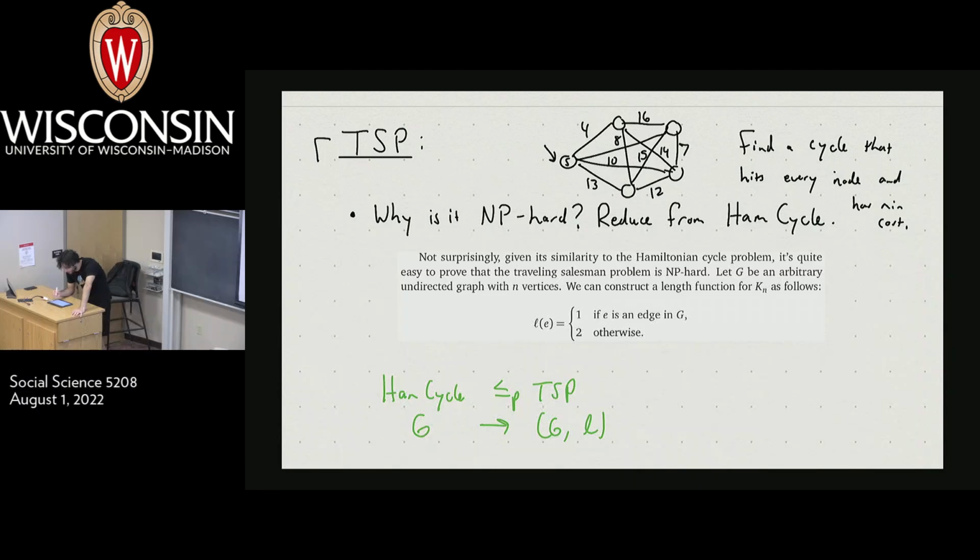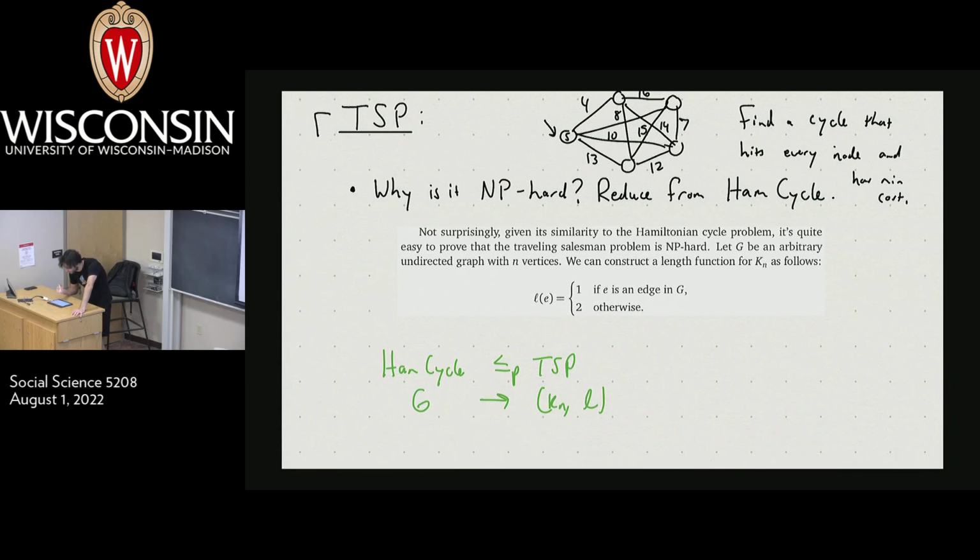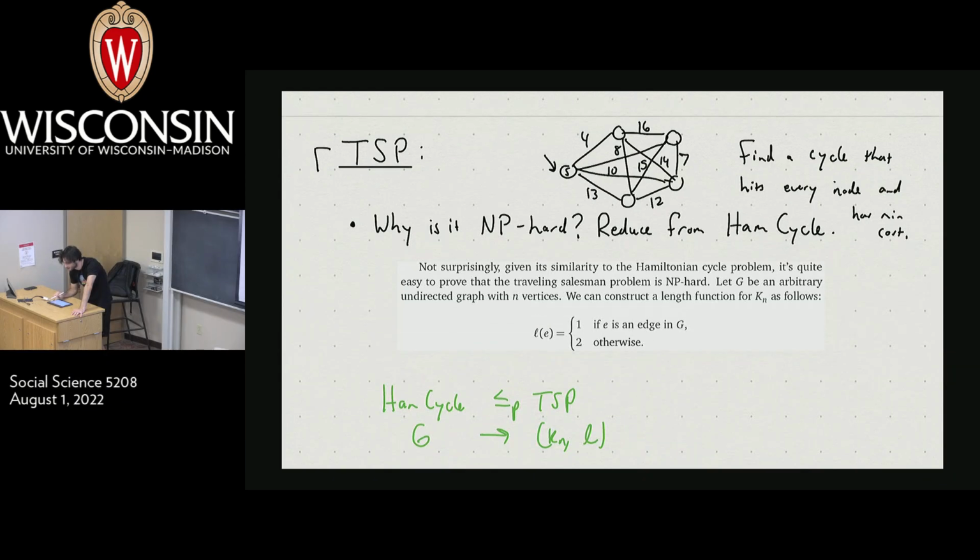And here what the weight function says is that the length of an edge is 1 if e is an edge in the graph, and 2 otherwise. So technically this is a K_n. The traveling salesman problem we're assuming is on complete graphs, so every edge exists between nodes.